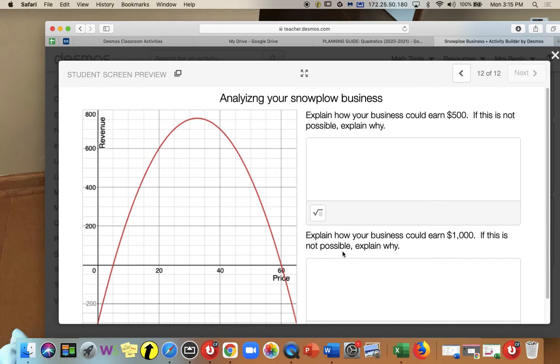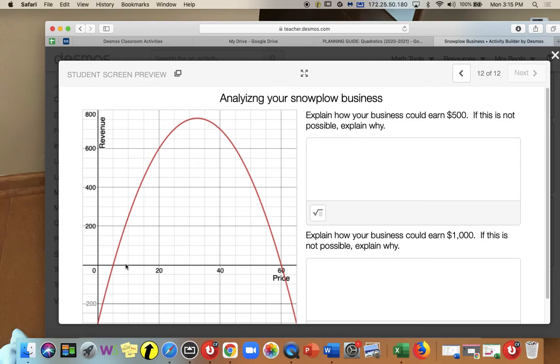Explain how your business could earn $1,000. Okay, if you notice, the highest revenue was that $756. So we can't, using this model, ever earn $1,000 if we buy that snowplow. Our graph just doesn't go high enough. So again, it can earn $500 if we charge, okay, so we can kind of estimate this.